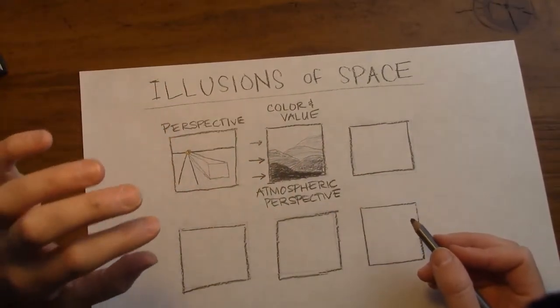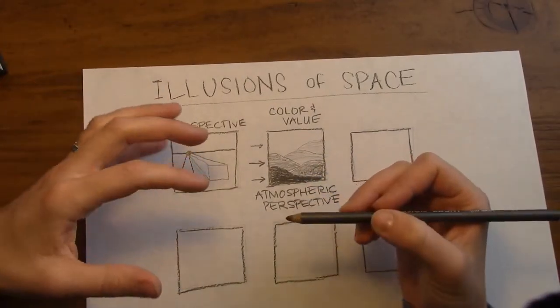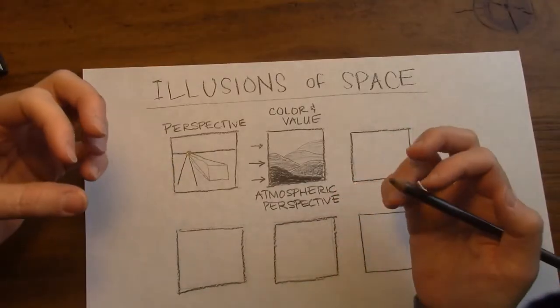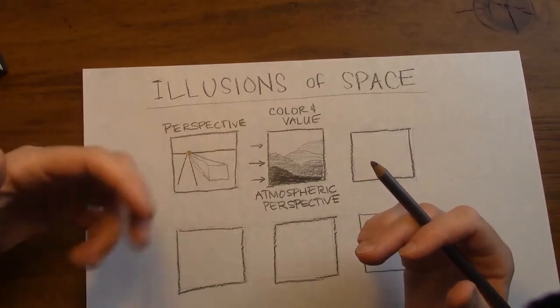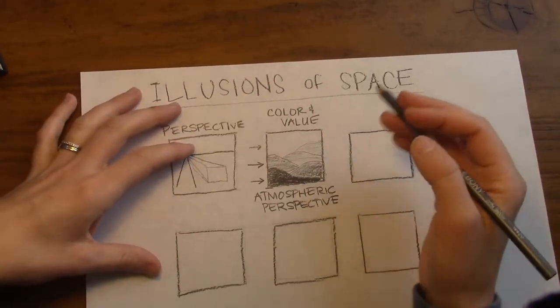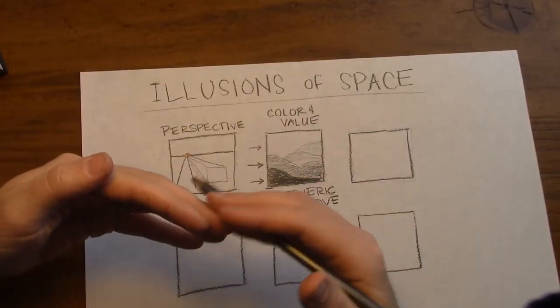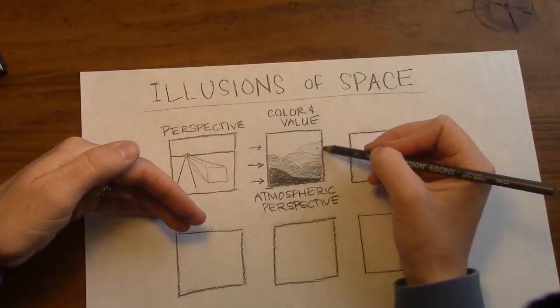Now, the scientific reason as to why atmospheric perspective occurs is you have all those different molecules and whatnot in the air, and as things go farther and farther back, and we're talking miles, okay, a significant distance, that atmosphere starts to interfere with the objects. There's more atmosphere in between you and the objects as they get into this background area here.